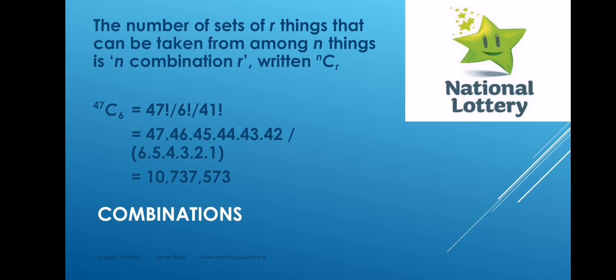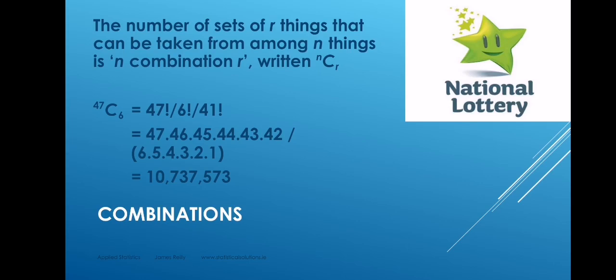A combination consists of a number of sets of r things that can be taken from among n things. So there is no arrangement, there is no order here, it's just a set of things that is taken. This is called n combination r, written nCr, in the way that a lottery player might select 6 numbers from a set of 47 numbers.